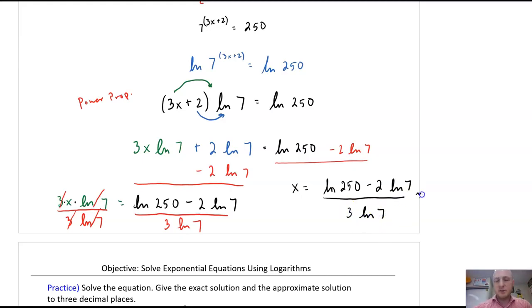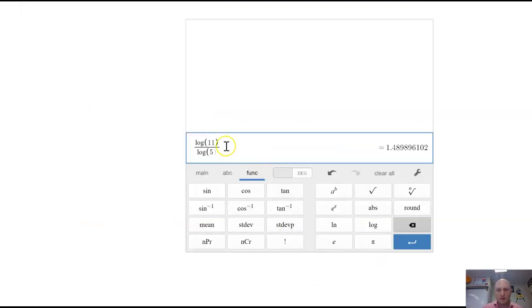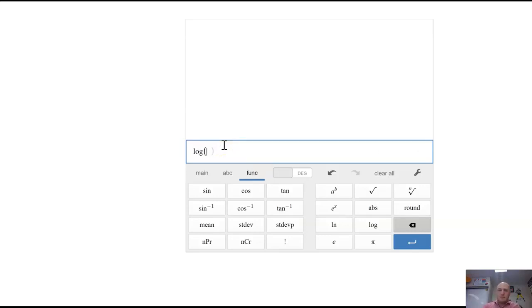So there's your exact solution, and then we also want it to be approximated. So let me go ahead and compute this.